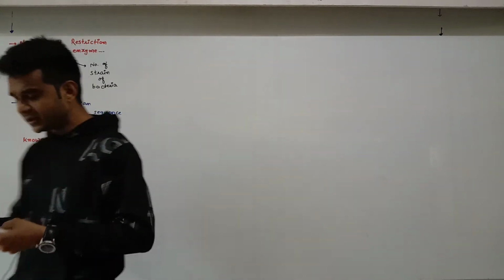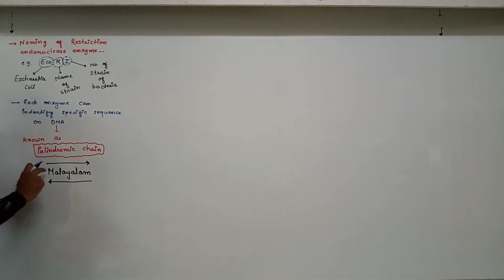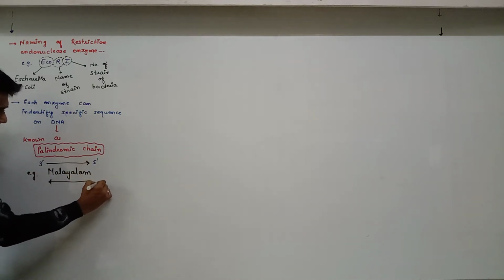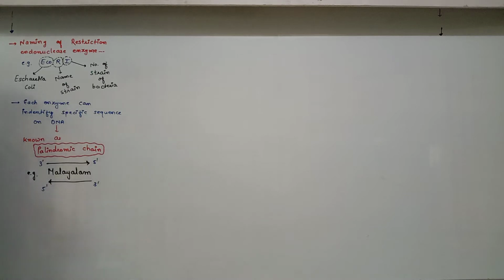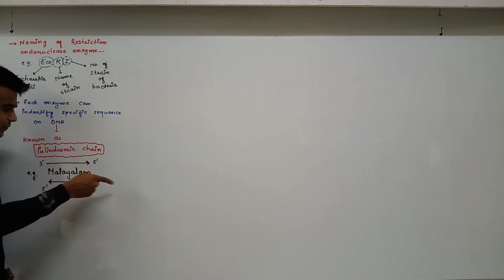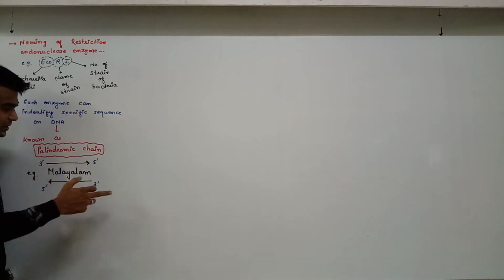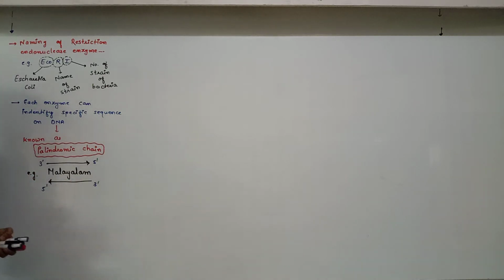Just for example, you assume that here is Malayalam, from 3' to 5' end. Suppose in this direction 3' to 5'. So if someone says that the code of Malayalam in the 3' to 5' direction is the same, or you also see that in the 5' to 3' direction the code is also the same, everything is right here.